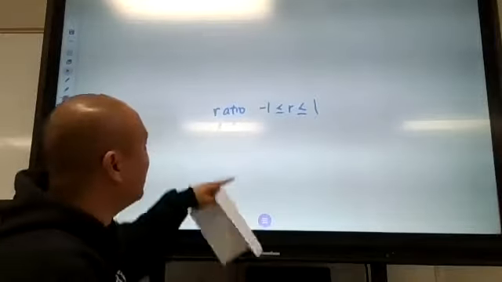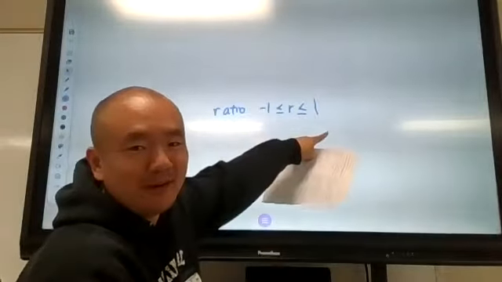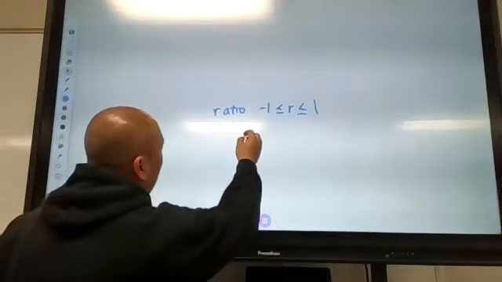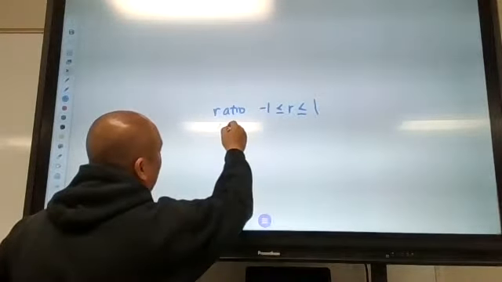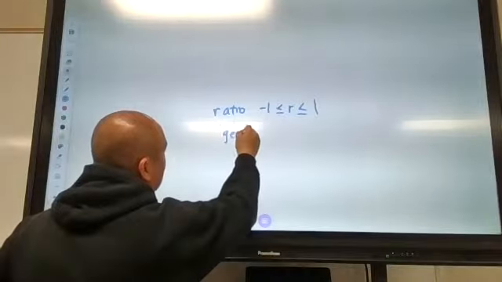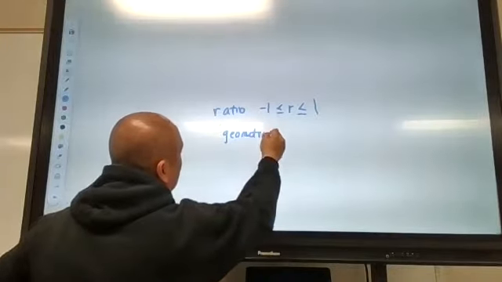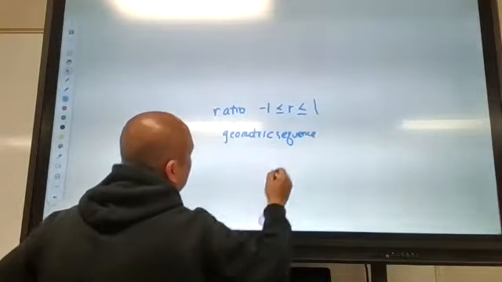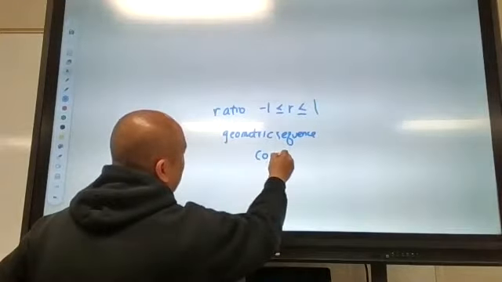Anyway, all right, so if there's a ratio between -1 and 1, that means the geometric sequence is going to converge.